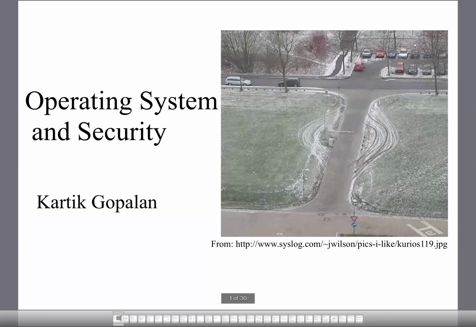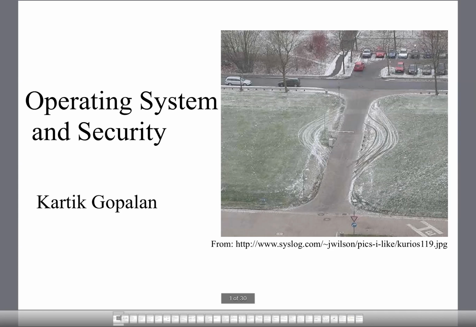We're going to look at how the operating system plays a key role in ensuring the security of a computer system. But also we will look at some concepts of access control and some concepts that you won't traditionally encounter in other settings.